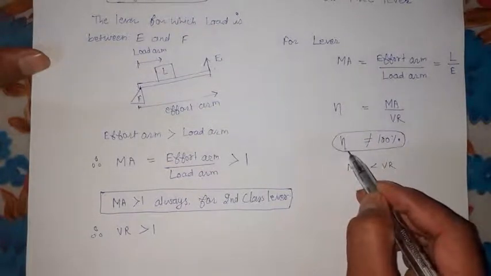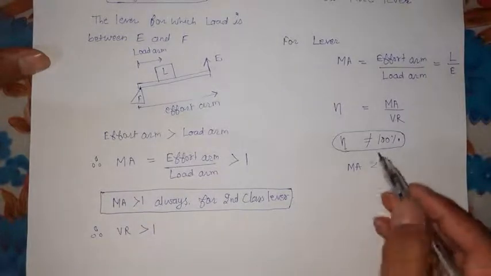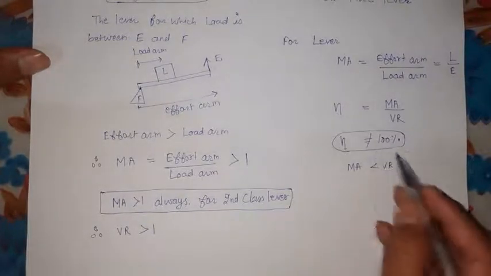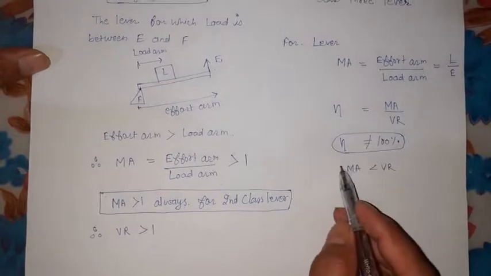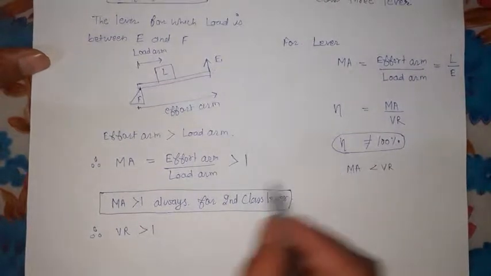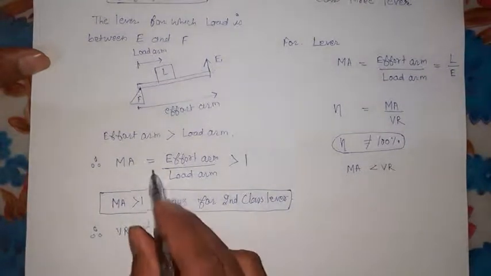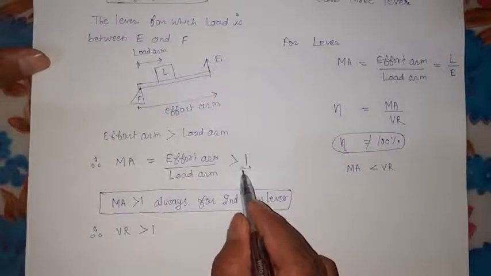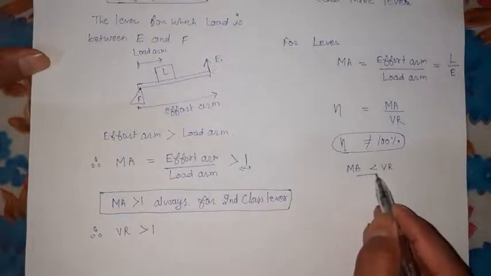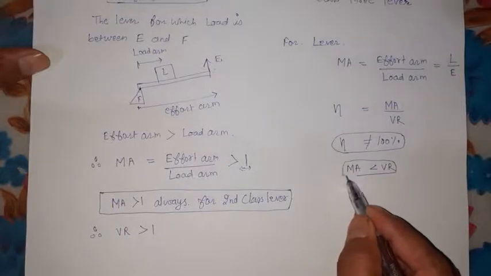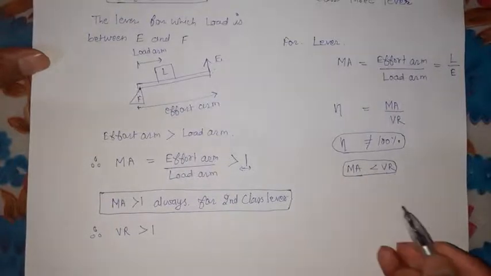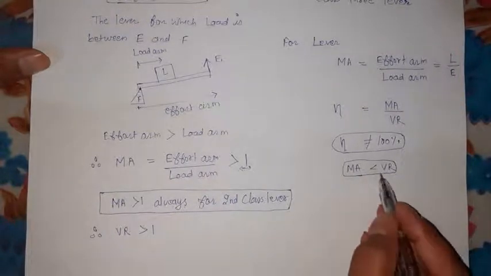So even though the mechanical advantage is greater than 1, it will be smaller than the velocity ratio.